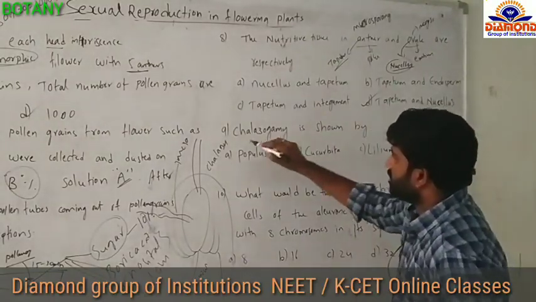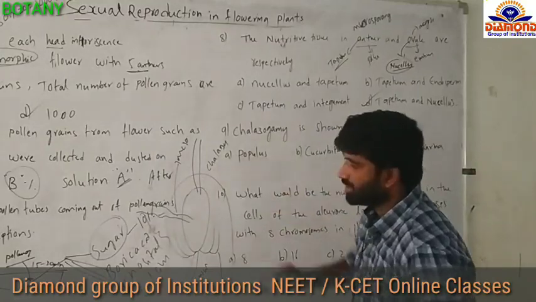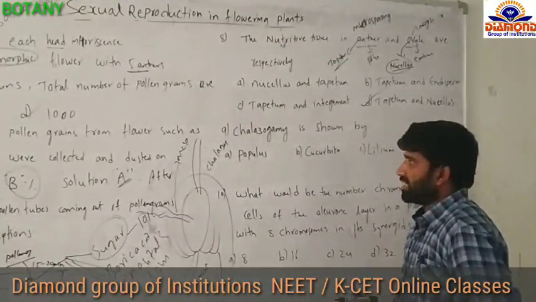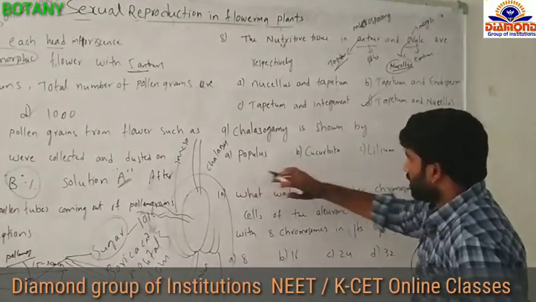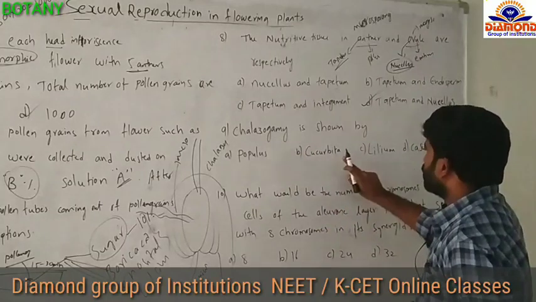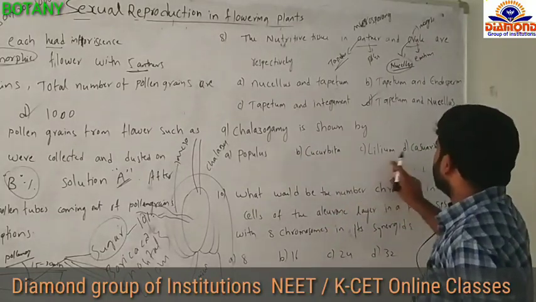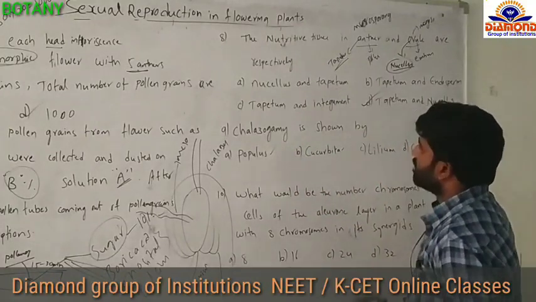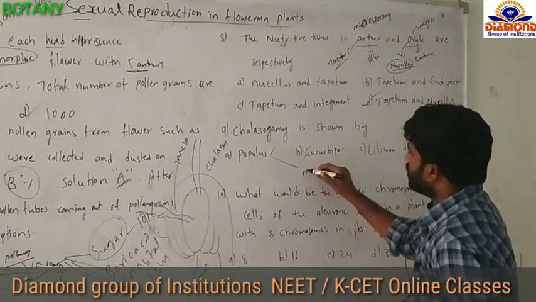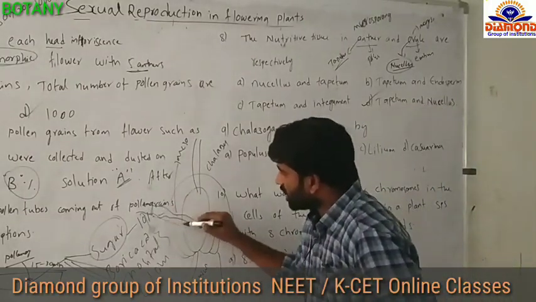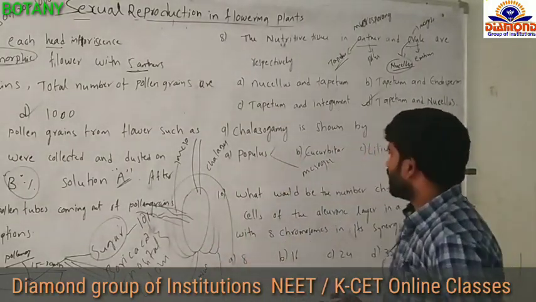Chalazogamy means the pollen tube enters through the chalaza of the megasporangium. The options: Populus, cucurbita, and Lilium, casuarina. Populus and cucurbita are both examples of mesogamy, where the pollen tube enters through the integument.